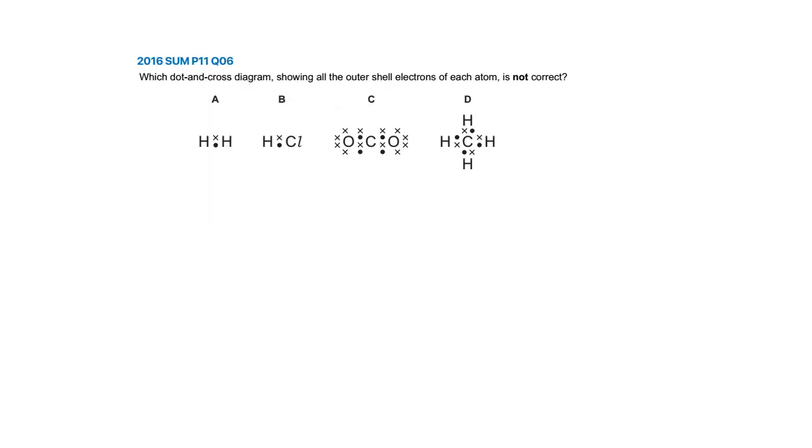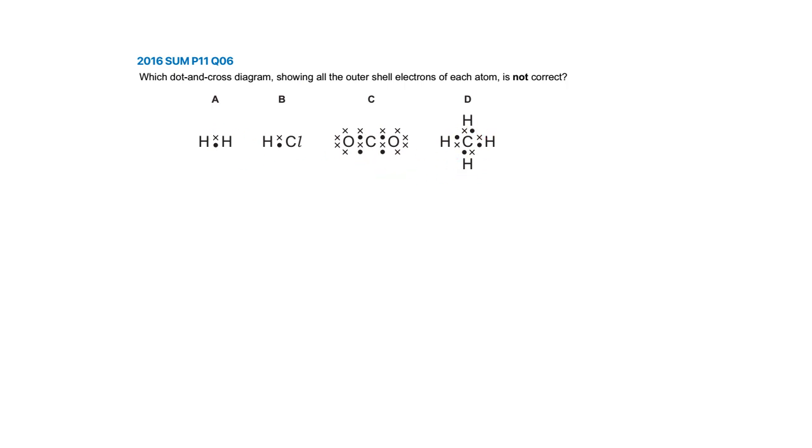C. If you know your dots and crosses, this is a question about that. Which dot and cross diagram showing all the outer shell electrons for each atom is not correct? Now, we did this in class and they're all correct. If you're focusing on the bond, which normally people would, the bonds are all correct.